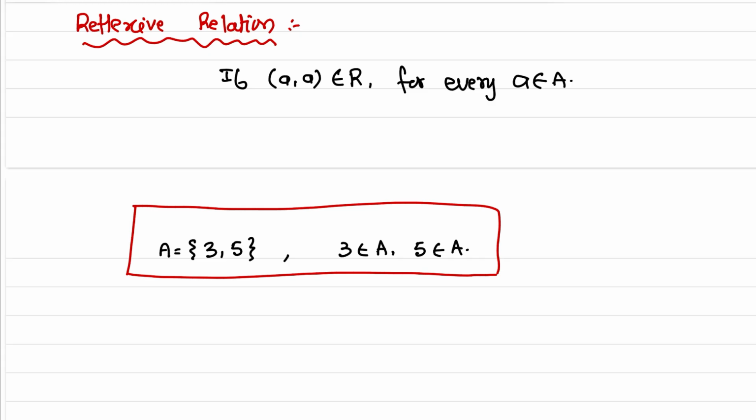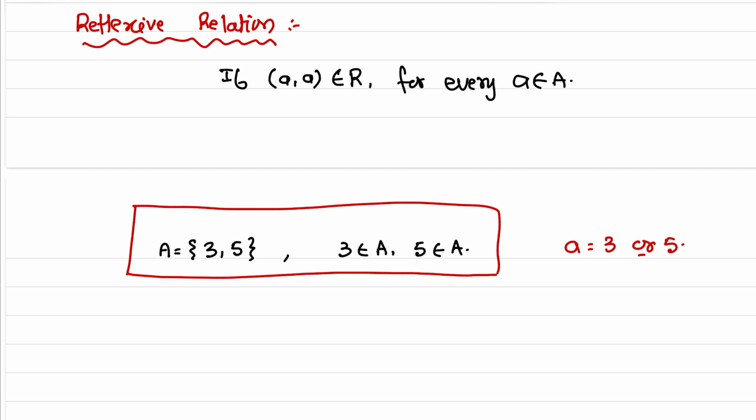Here a is equal to 3 or 5. a is not a single number. 3 belongs to A and 5 also belongs to the set A.